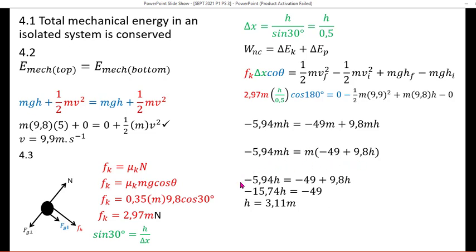When we go further, we have an h term on the left hand side, and another h term here. So what do we do? We group like terms.